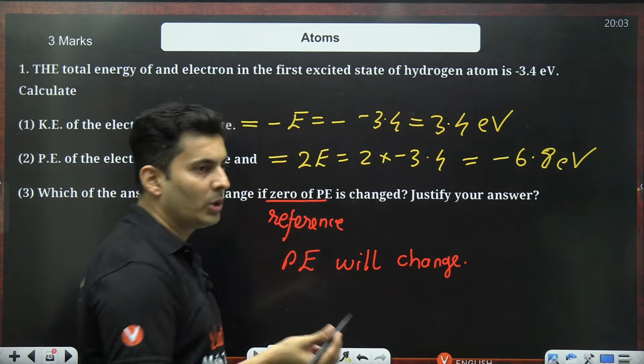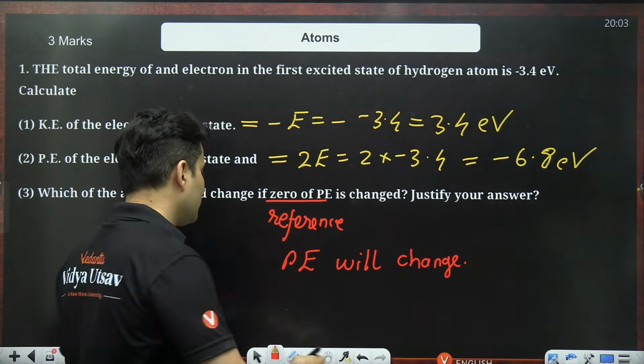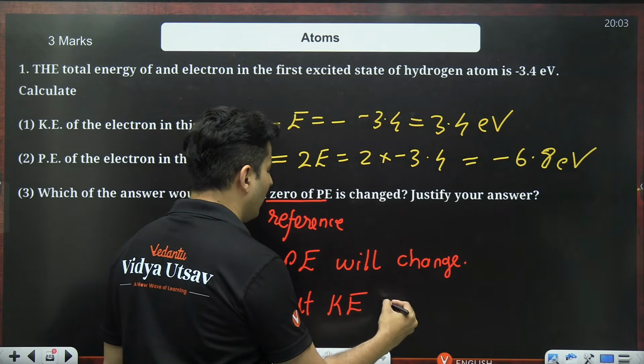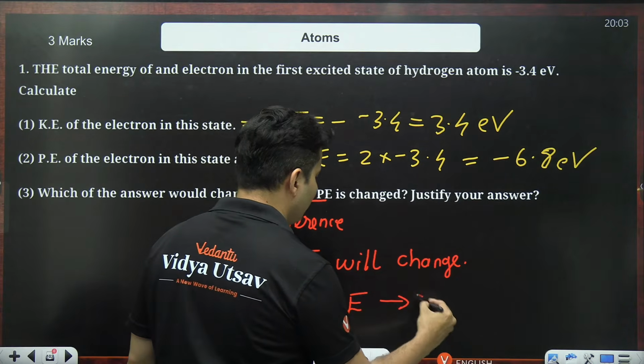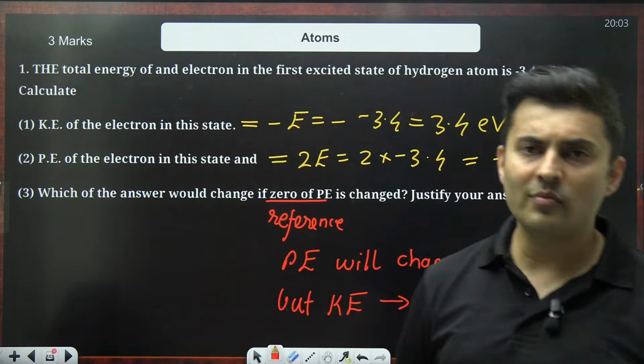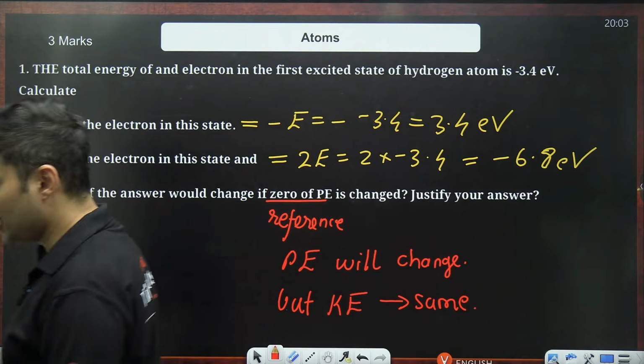What you take as zero potential energy, if you change that definition, then your potential energy will change. But kinetic energy, irrespective of the reference, will stay the same because speed and mass, half mv square, will be the same. So kinetic energy will not change.